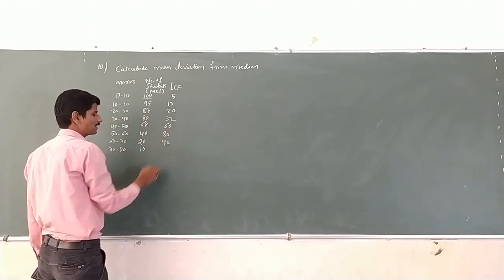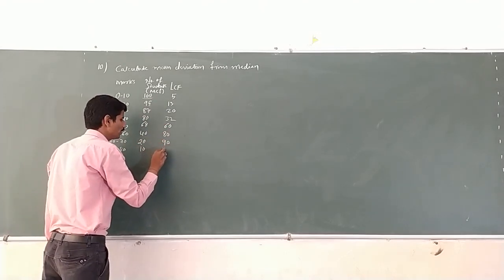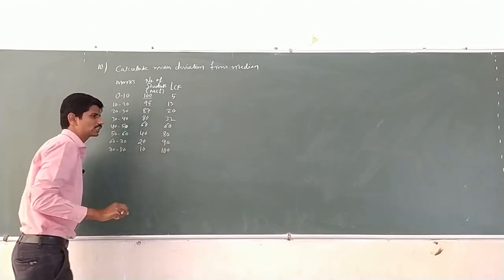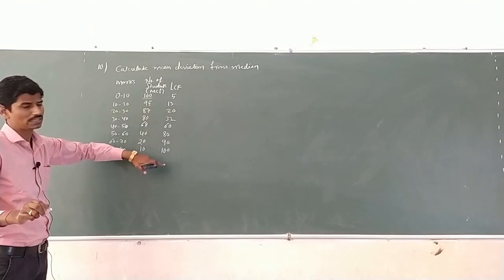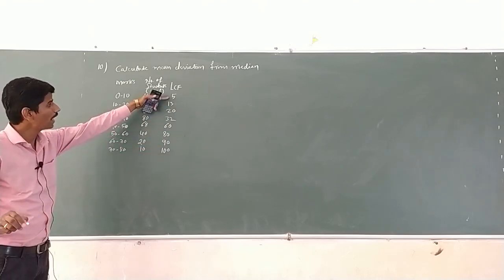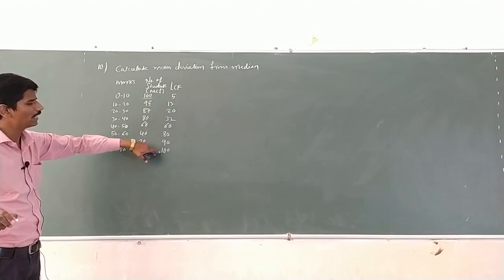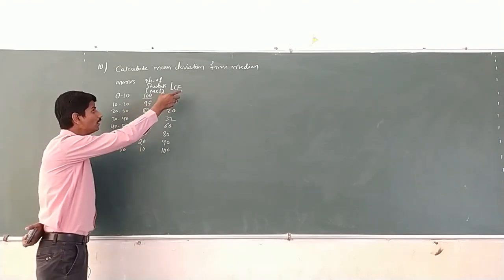The last LCF is the sum, that is 100. The highest MCF is 100, so we put 100. The last LCF is always 100. So 5, 13, 20, 32, 60, 80, 90 and 100 are the LCF values.